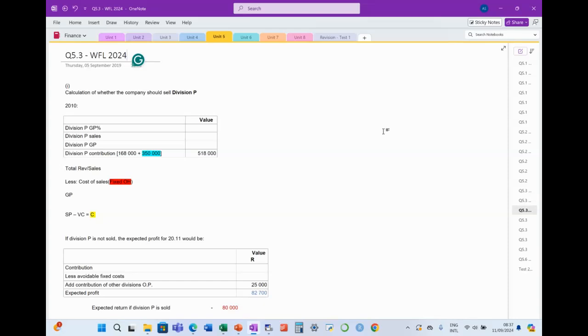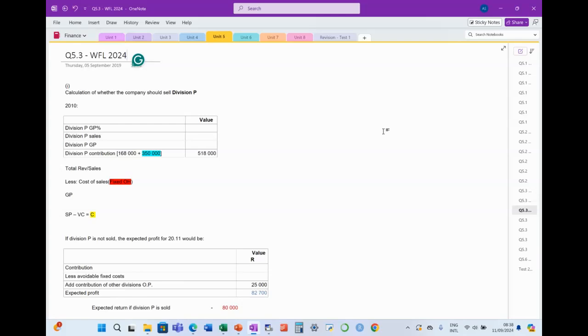Sales proceeds on the sale of a division would be invested to yield a return of 80,000. So whatever we sell this division for, we would invest it and we would get 80,000. All right, a return of 80,000. So when weighing up whether we sell or keep, we need to say, if we keep, we are foregoing the 80,000.